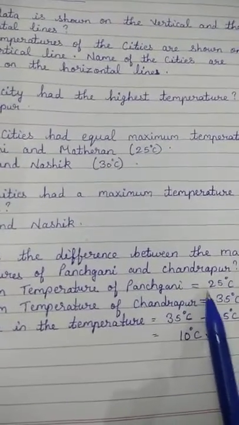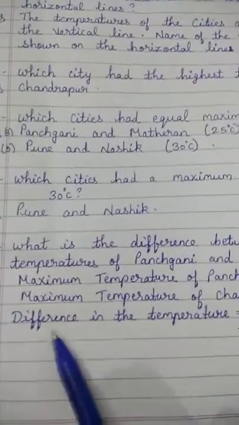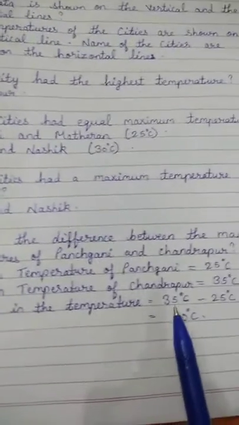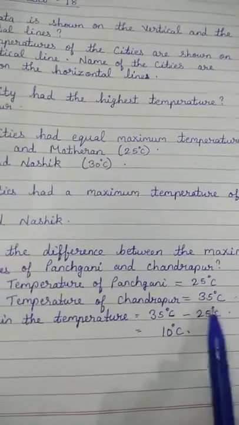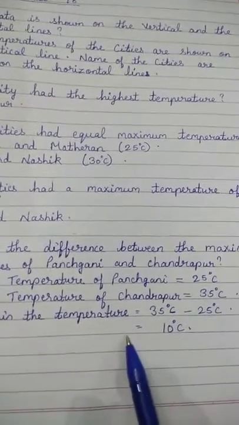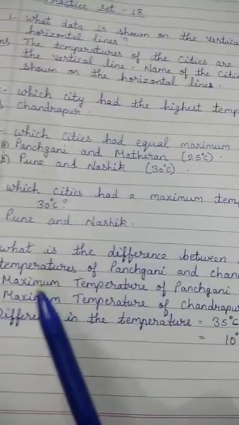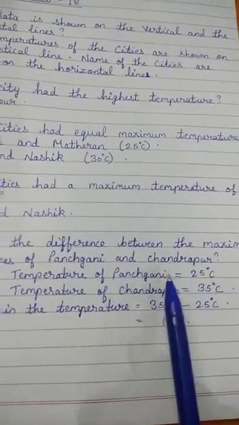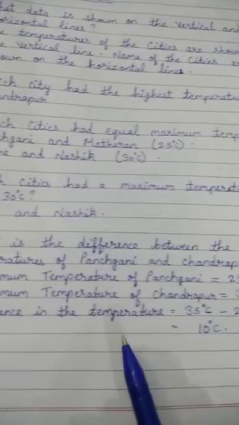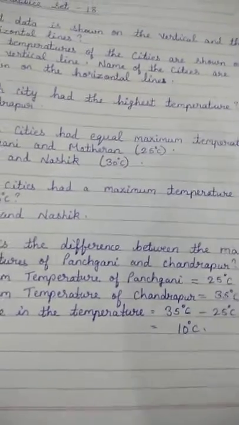When we subtract both temperatures, then only we will get the difference. That is, the difference in temperature is 35 degrees Celsius minus 25 degrees Celsius is equal to 10 degrees Celsius. That means the difference in temperature between Panchgani and Chandrapur is 10 degrees Celsius.